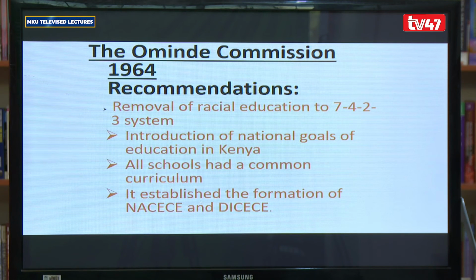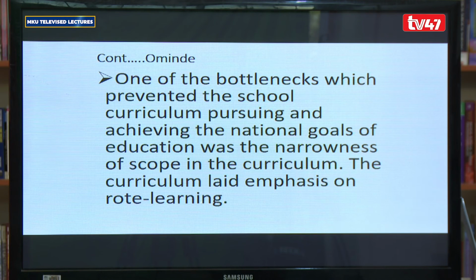It also looked at all schools. It also advocated that all schools should have a common curriculum, and it established the formation of the NASESE and the DISESE, the early childhood system. One of the bottlenecks which prevented the school curriculum from pursuing and achieving the national goals of education was the narrowness of the scope in the curriculum.